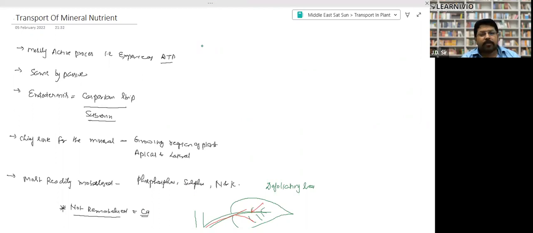So basically, as I was telling you in the last class, when I was teaching you active and passive transport, I told you that the concentration of salt is more inside the plant, and outside the plant there is a low concentration. Now, if the plant has to absorb more minerals, look, what will happen?